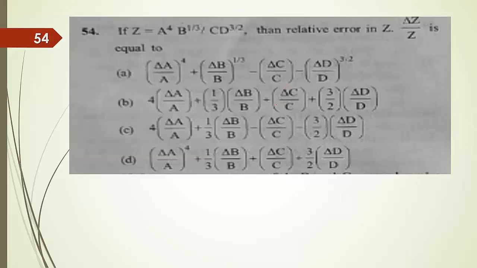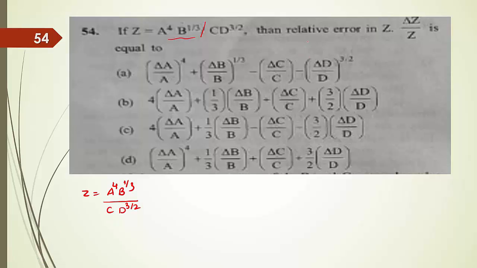54th question. If Z equal to A raised to 4, B raised to 1 by 3 divided by C into D raised to 3 by 2. What is the equation here? Z equal to A raised to 4, B raised to 1 by 3 over C into D raised to 3 by 2.